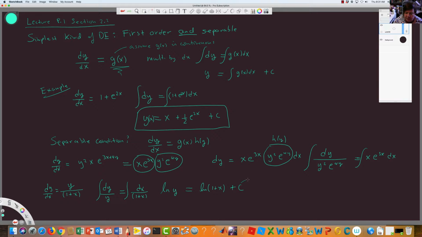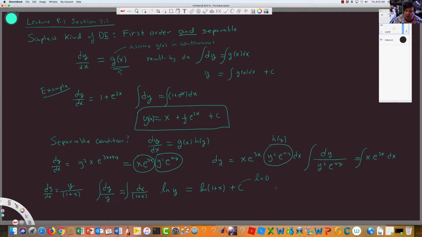So I'm going to define this as ln of d. There's no reason I can't do that. If I knew this c was 3, I would just redefine d such that this was e to the c. So there's no reason that you can't change the form of these constants.